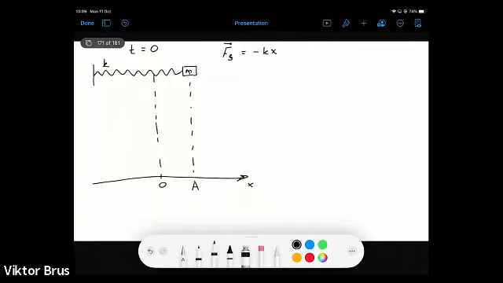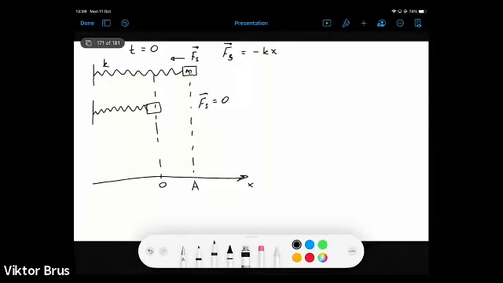In this case, the spring force will be pointed to the left. If we come back under the action of this spring force to the equilibrium condition, then the spring force will be equal to 0.